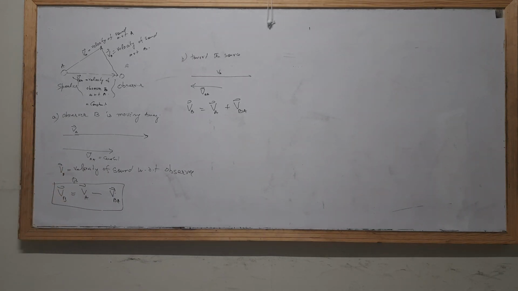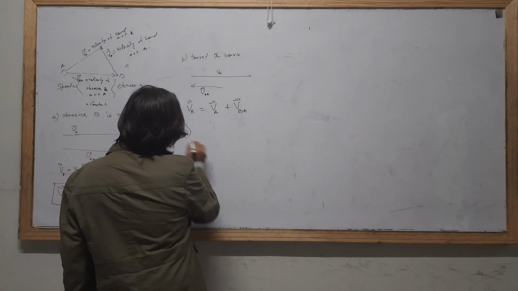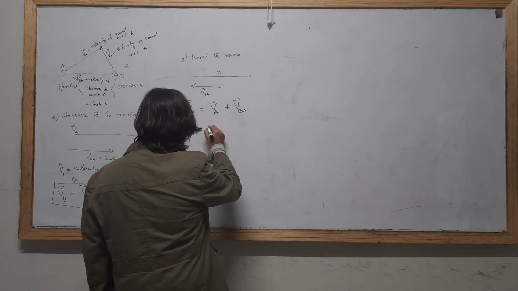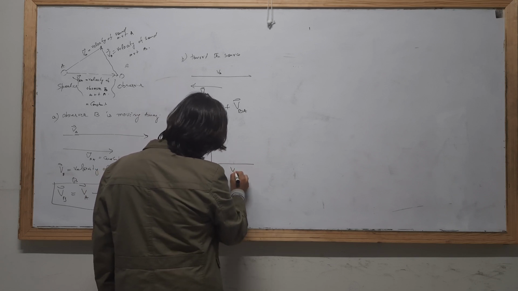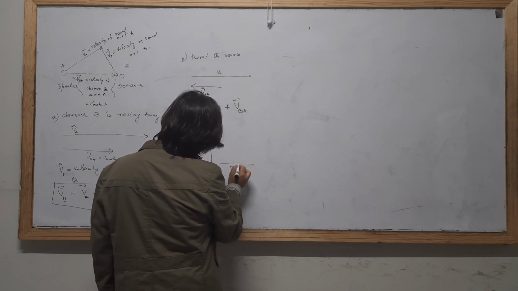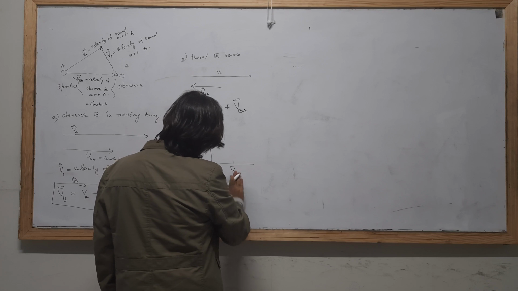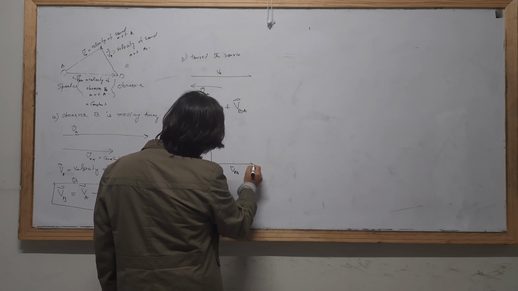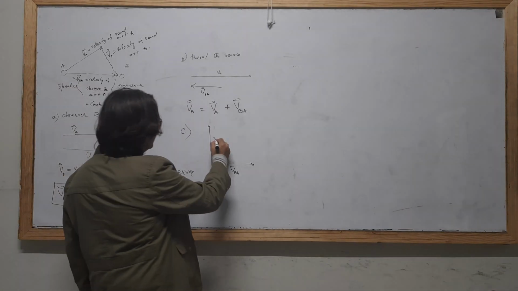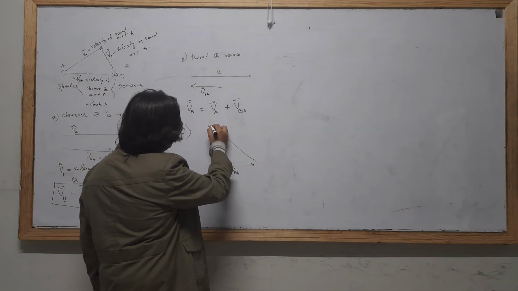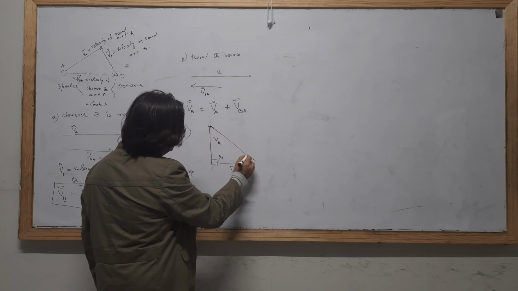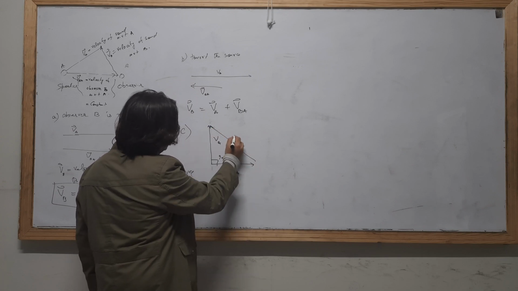And if perpendicular, making angle 90, this was VA, and this was VB.